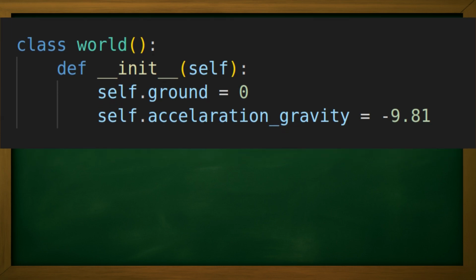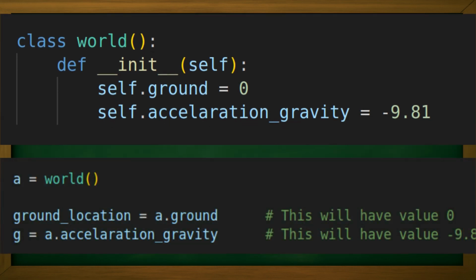Later, we can create an instance of this class like a is equal to world with parentheses, and its properties can be accessed like a dot ground and a dot acceleration underscore gravity. The dot operator indicates that the variables ground and acceleration due to gravity are members of the instance a, which is created from the class world.